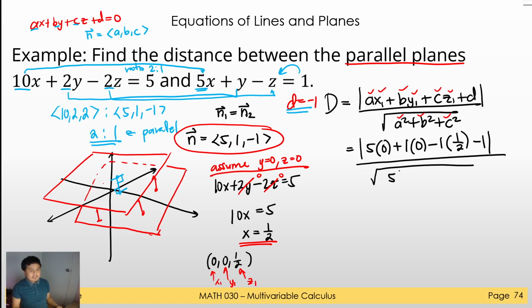So A here is 5, and then 1, and then -1. Simplifying this, we have 0, 0.